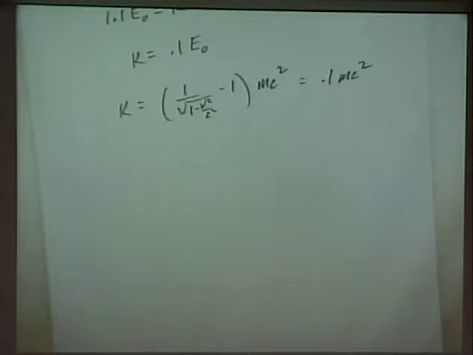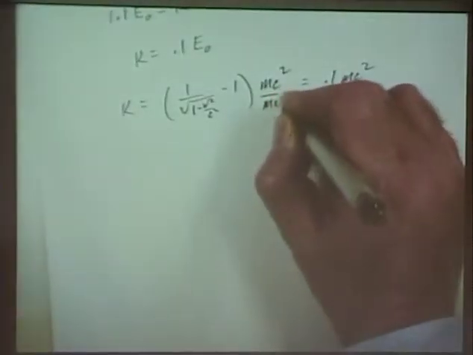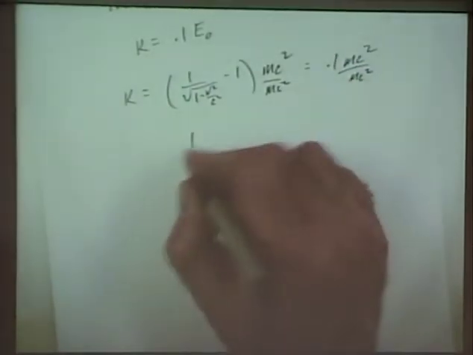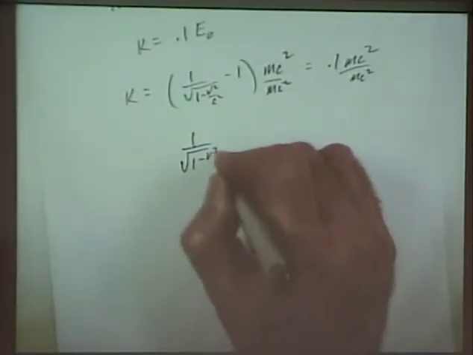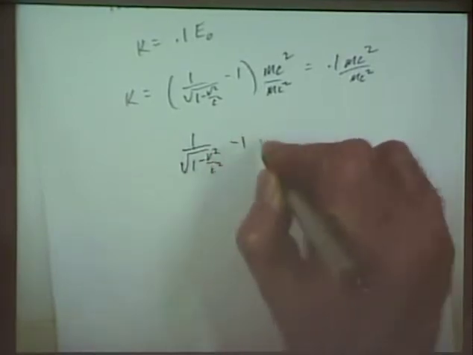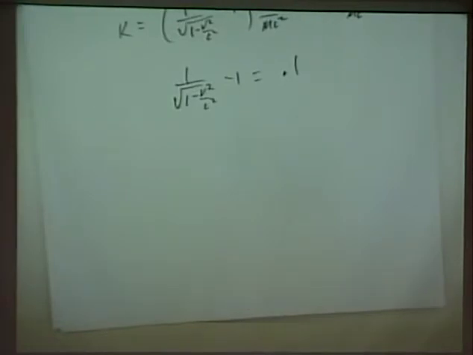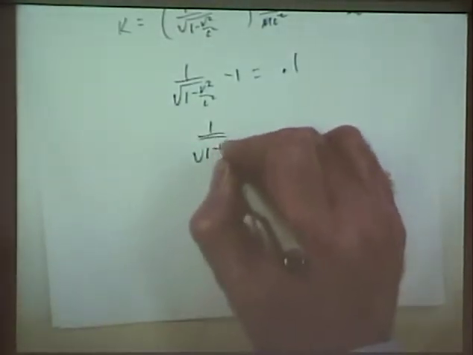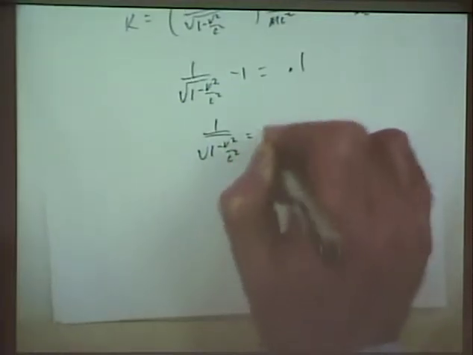Well, right off the bat, what's something we can do? We can cancel out the mc squareds. Divide this by mc squared. Divide this by mc squared. So now we've got 1 over the square root of 1 minus v squared over c squared, minus 1, equals 0.1. And so now, 1 over the square root of 1 minus v squared over c squared equals 1.1.